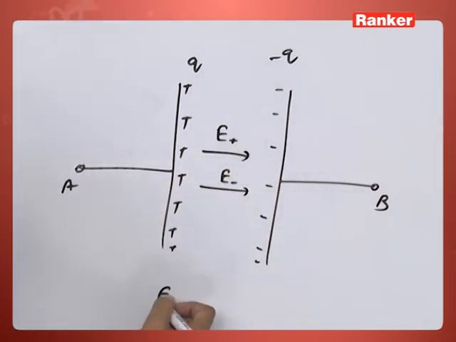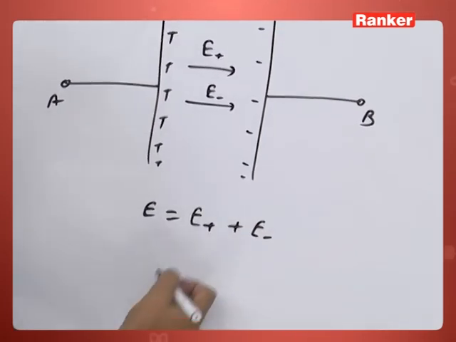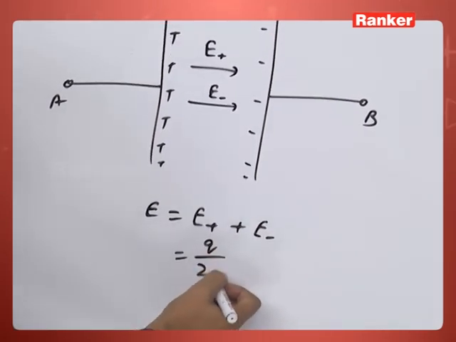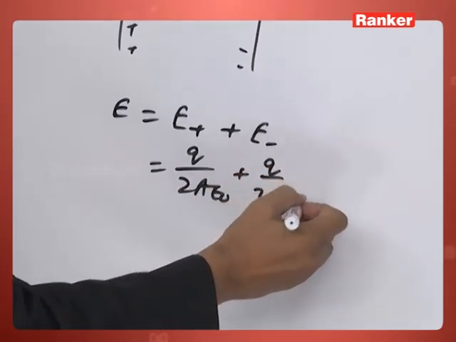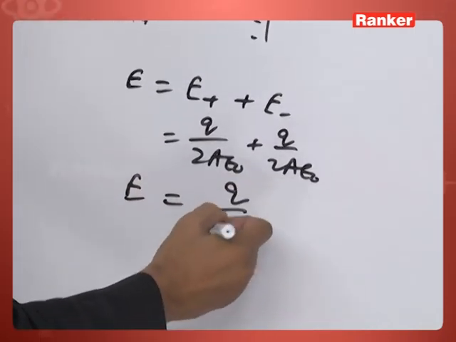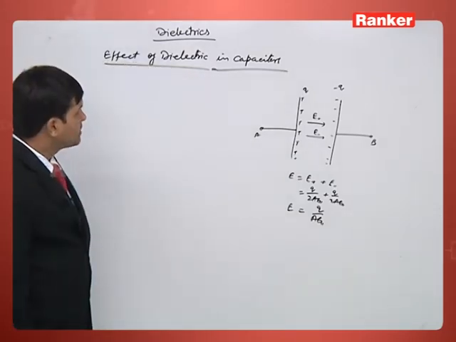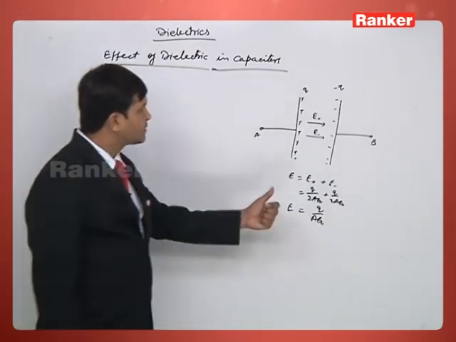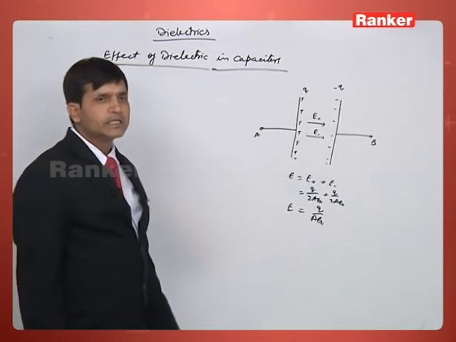The net field is the field due to the positive charge plus the field due to the negative charge, which is Q by 2 epsilon naught plus Q by 2 epsilon naught. The net field is Q by A epsilon naught. This is the electric field between the plates, and its direction is from positive charge to negative charge.